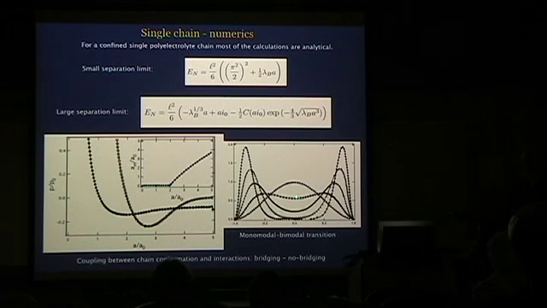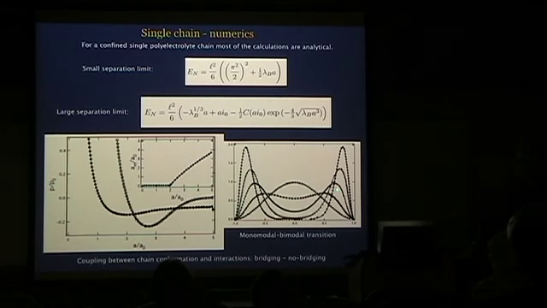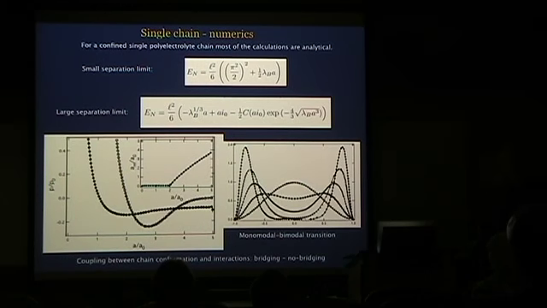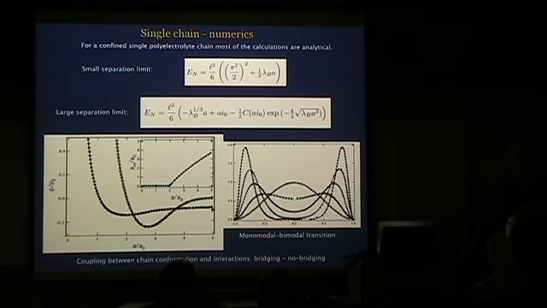Then at a certain critical separation, the monomodal distribution becomes a bimodal distribution. So part of the chain is adsorbed to one surface, part of the chain is adsorbed to the other surface, in terms of the monomer density distribution. This is the Landau-Ginzburg transition in this particular case.